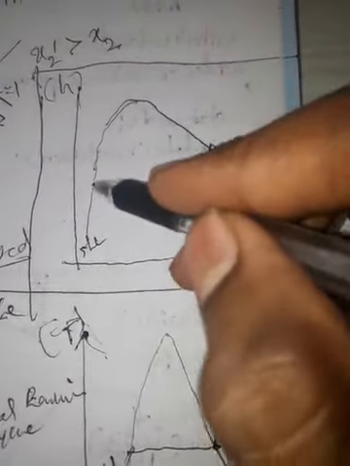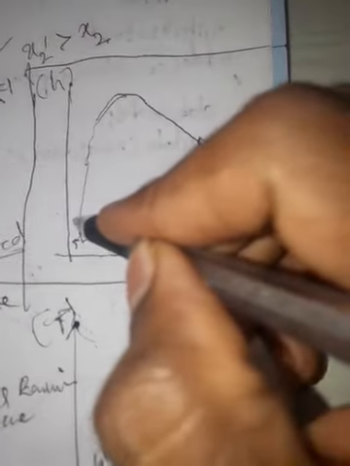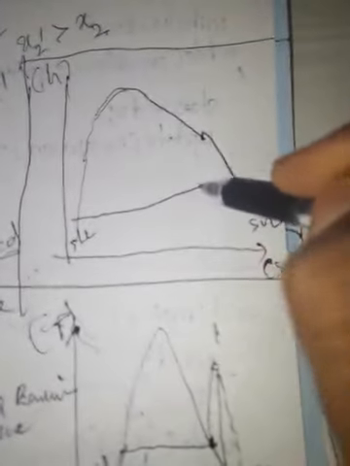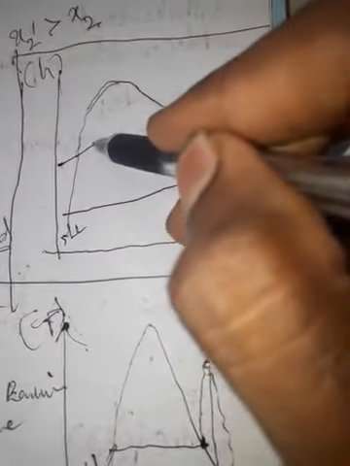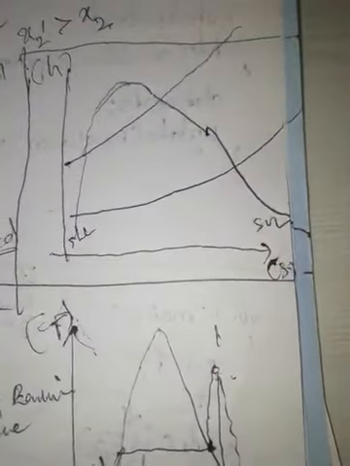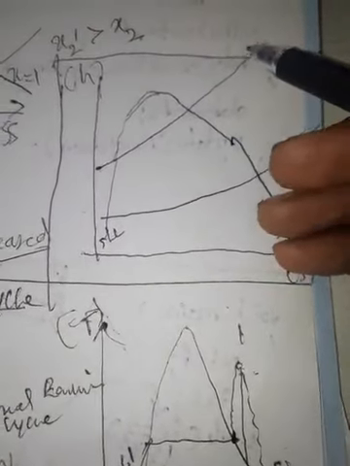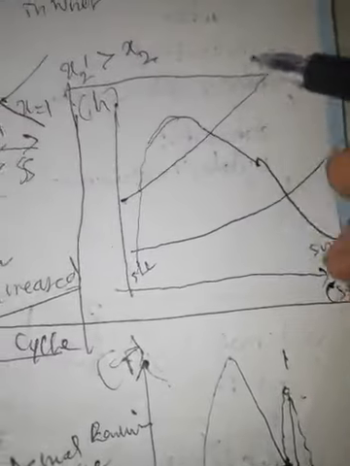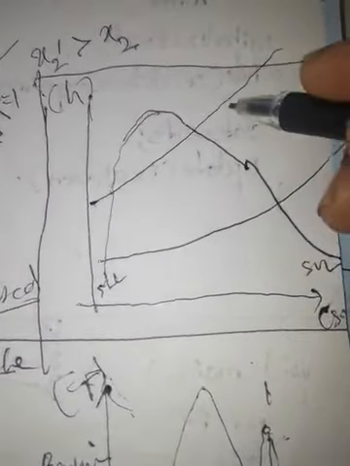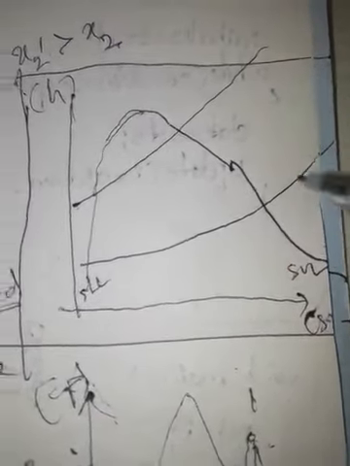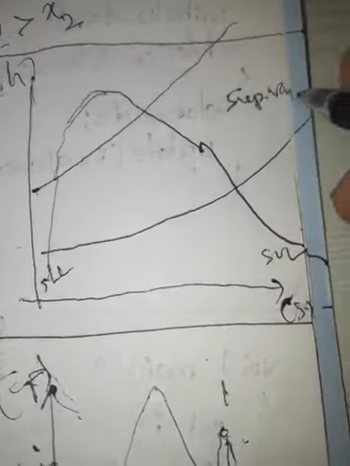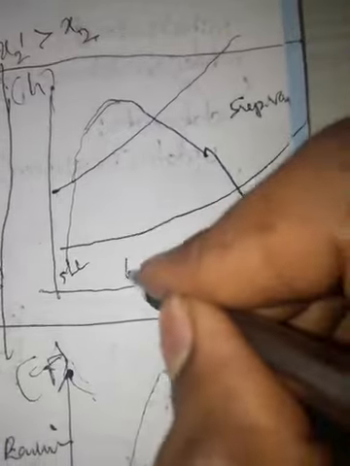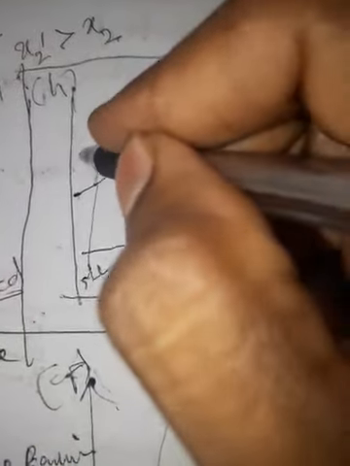Now here we have a condenser pressure line, this is the boiler pressure line. Now our steam is in the superheated vapor condition. This is the superheated vapor zone. Here is the liquid plus vapor zone, this is completely liquid.